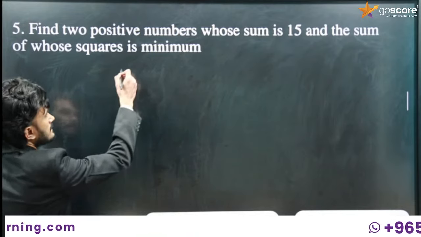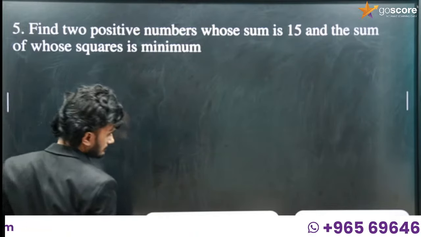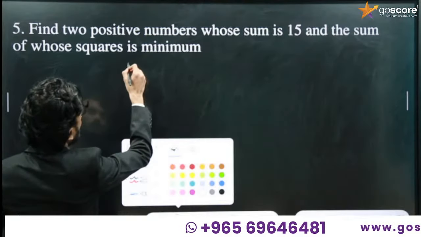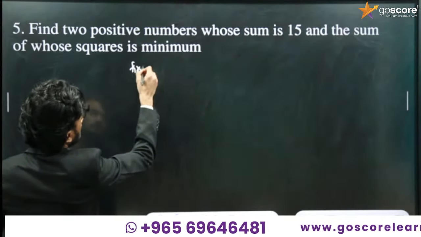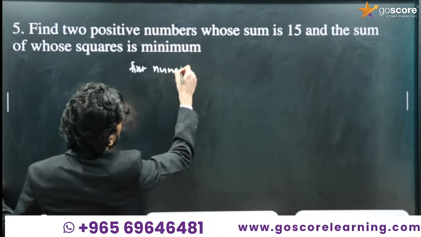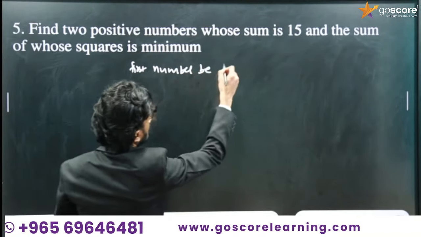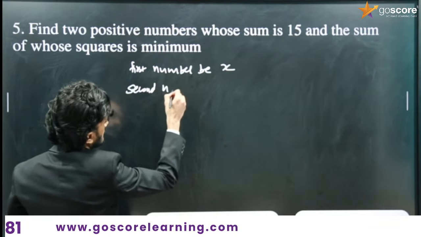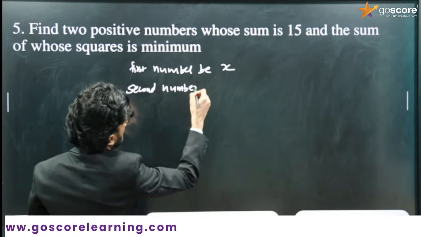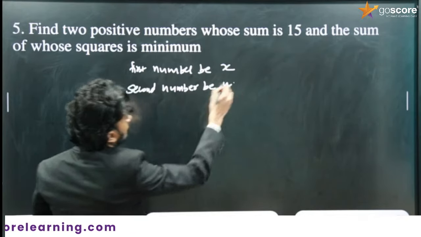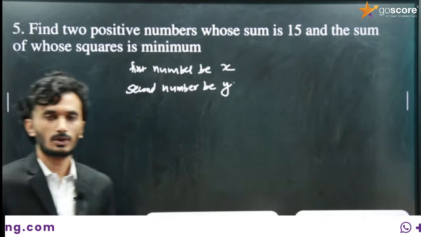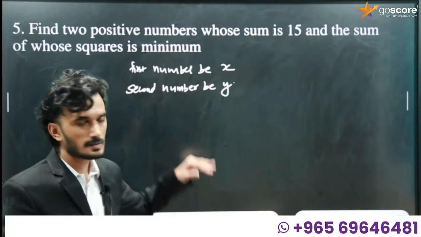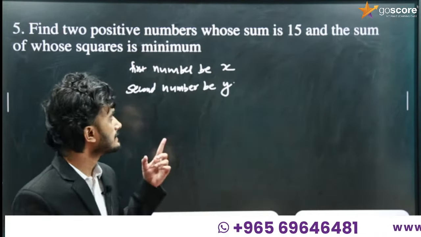Here there are two numbers. So I am taking the first number as x and the second number as y. It is clearly mentioned: two positive numbers whose sum is 15.